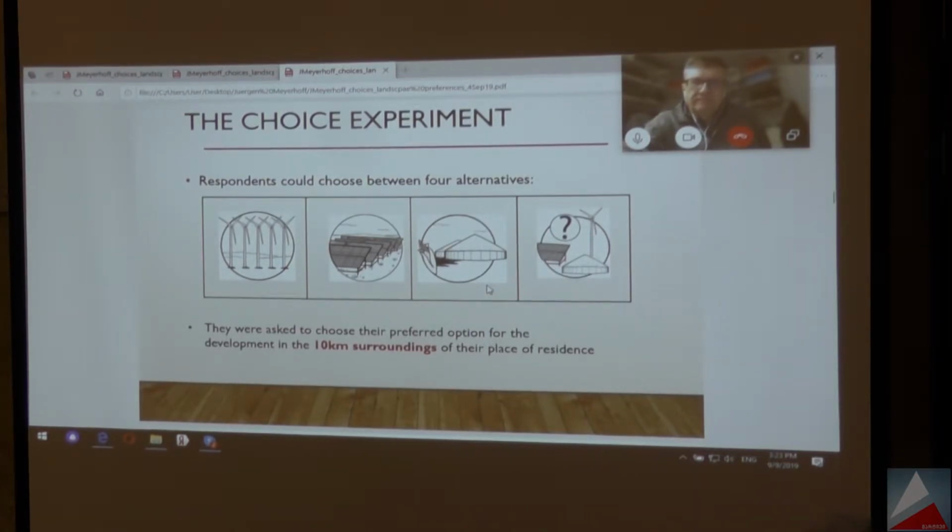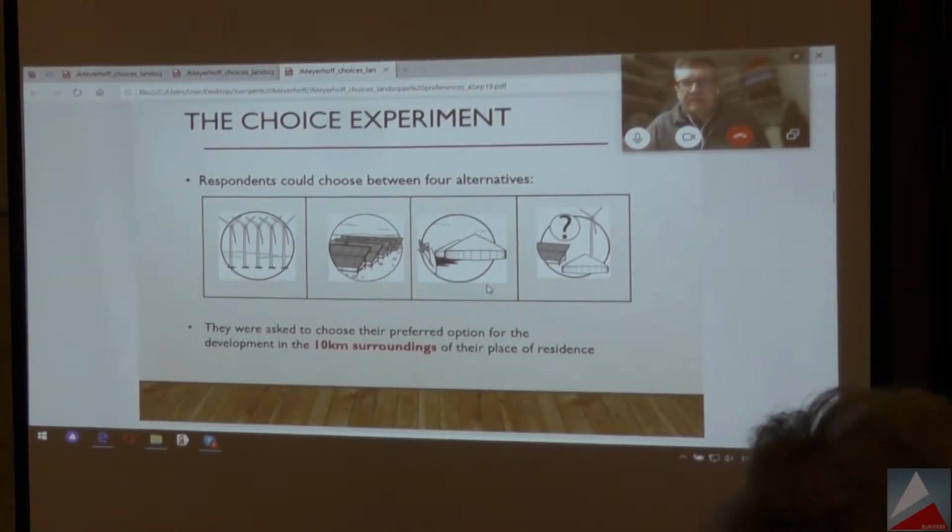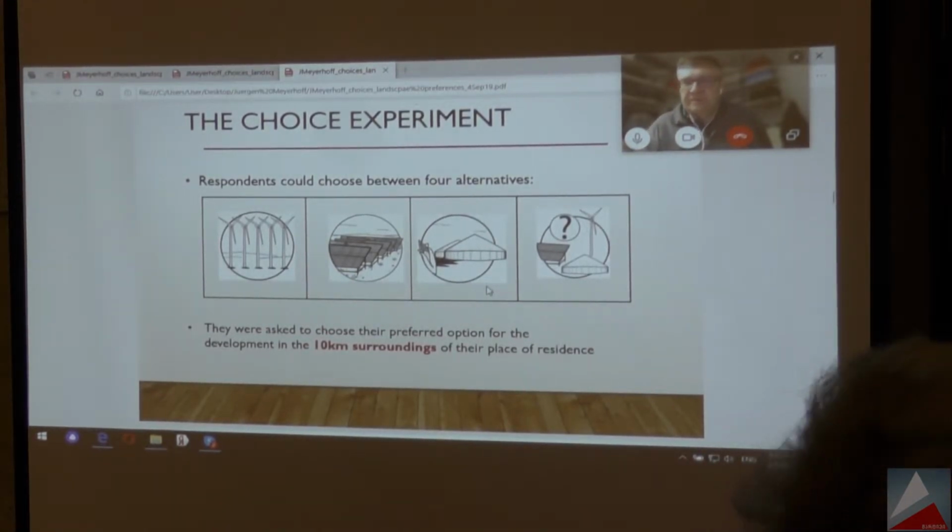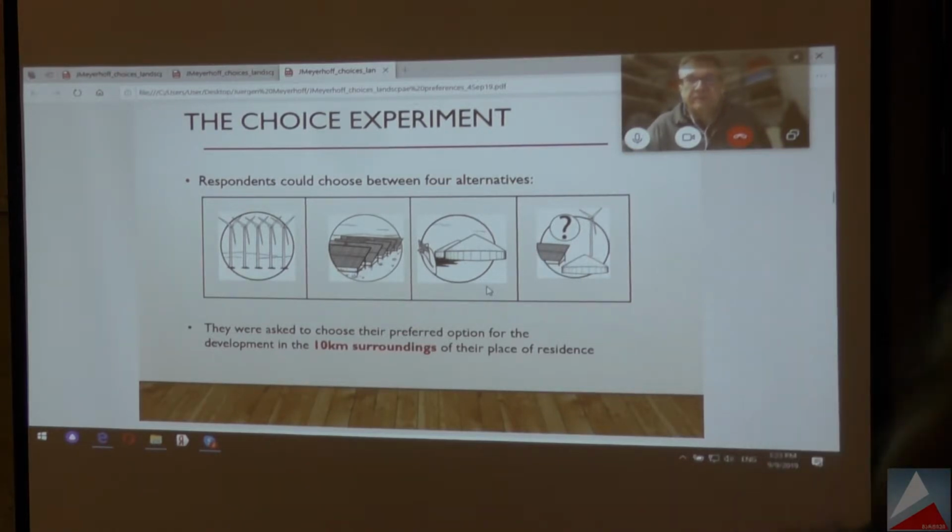At one point in the design, we decided to present people the scenario in a way that changes in the landscape would take place in a 10-kilometer surrounding of their place of residence. So there might be new wind farms or new solar panel farms built in those landscapes, and we want to know what people think about this or what preferences they have.